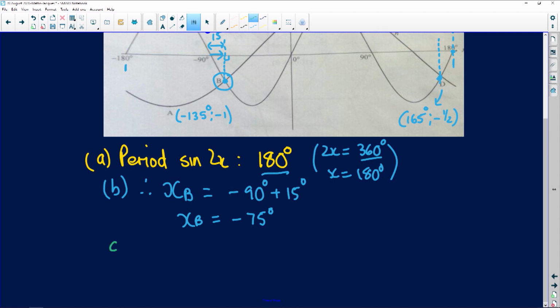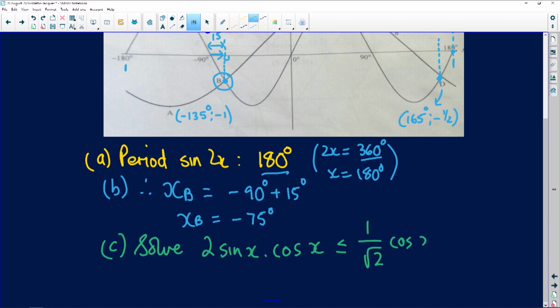They say in the third part of this question, use your graphs to solve 2 sine x multiplied by the cosine of x less than or equal to 1 over root 2 times cos x plus sine x, for the interval over which we are working.